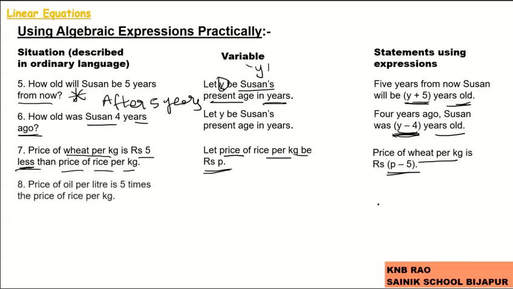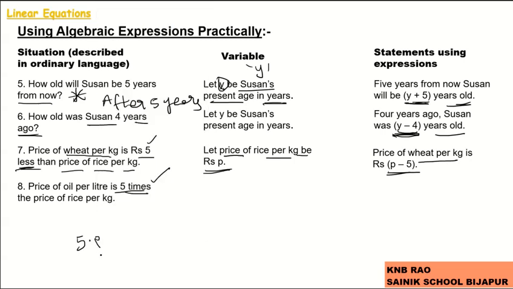Then similarly, the price of oil per liter is 5 times. There is a difference: 5 less, 5 more and 5 times. 5 less says subtraction operation, 5 more says addition operation, and 5 times says multiplication operation.